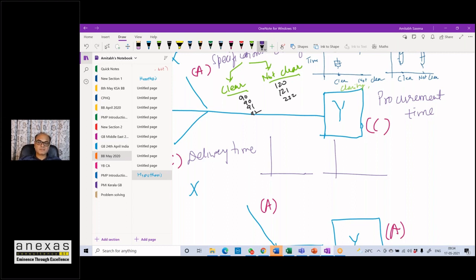And then once we plotted the graph with the delivery time, and this is the procurement time. If this was the case, we would say that, well, it appears that procurement time is impacted by the delivery time. And in the other situation, we said that it is not.